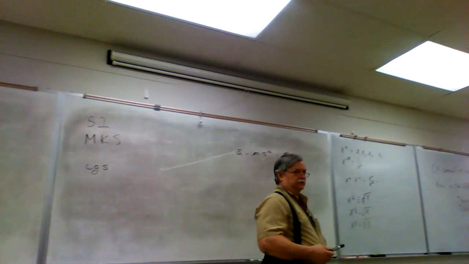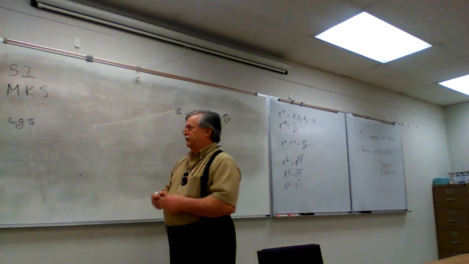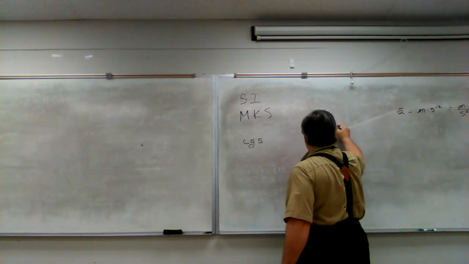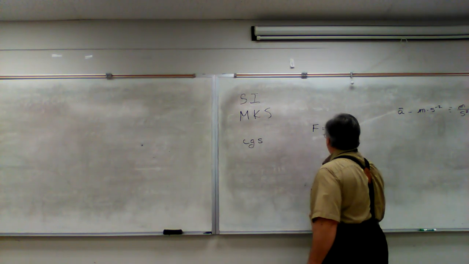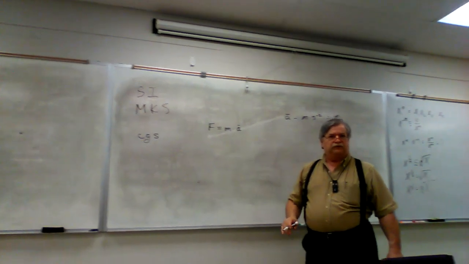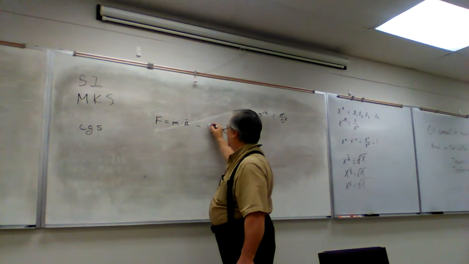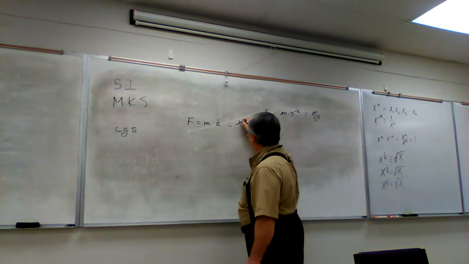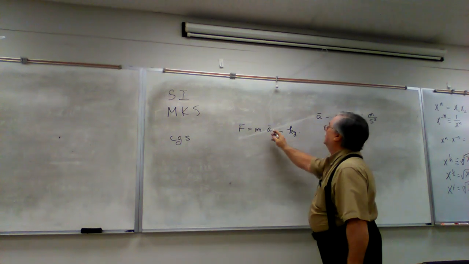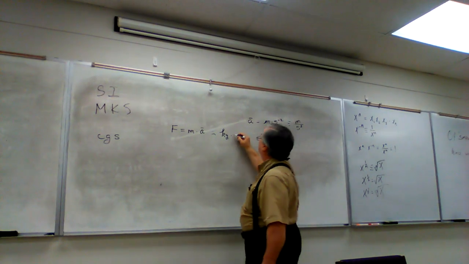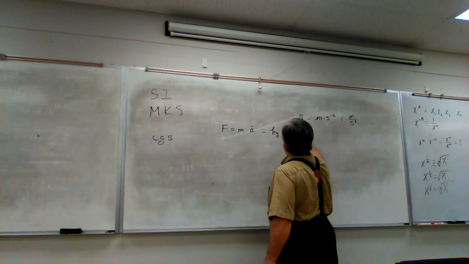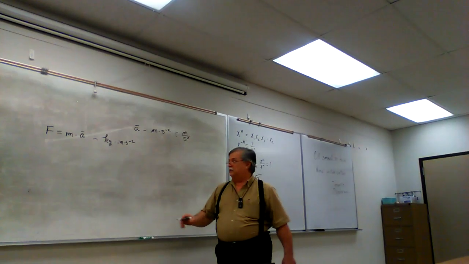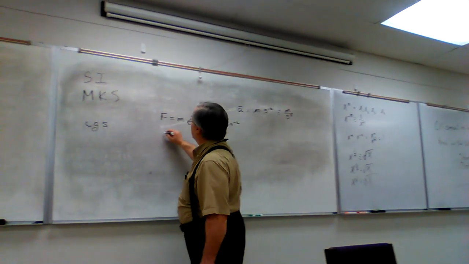Acceleration is measured in meters per second squared, but what is force? Force equals mass times acceleration. Mass is units of what? Kilograms. Times acceleration is meters per second squared. Well, that we give a special name to, called the Newton.